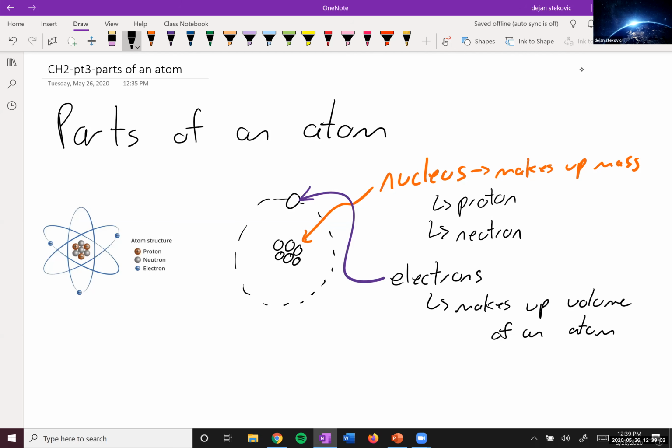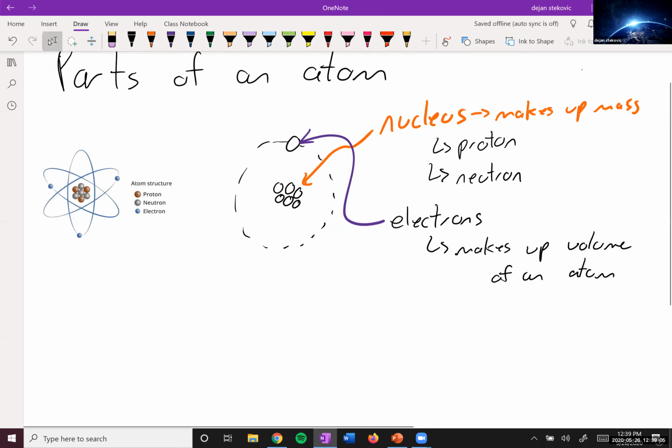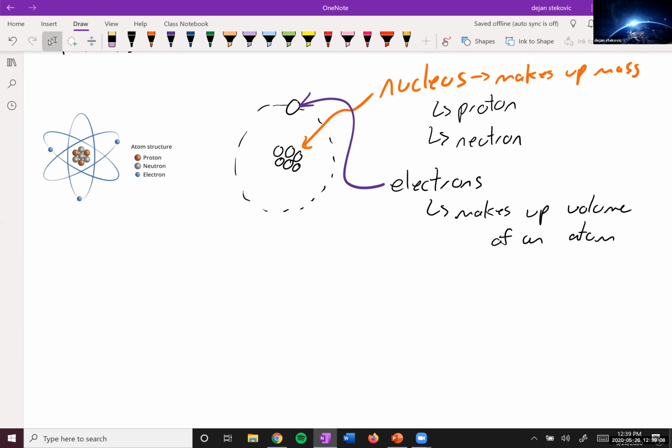So one mind-blowing thing that you need to think about when you see these pictures is that they're not drawn to scale. And so what this means is the nucleus is very, very tiny. Even though it makes up most of the mass of the atom, it makes up very, very small amounts of the volume.